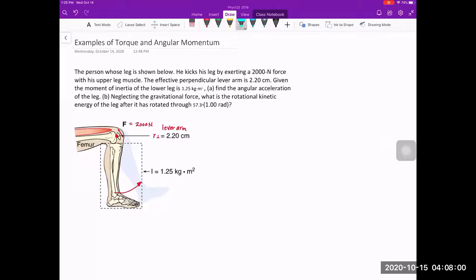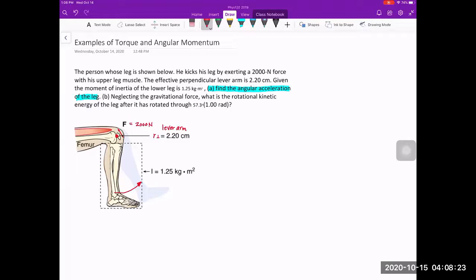So the first question asks about angular acceleration. Then you have to ask yourself, what is the angular acceleration due to the force over here? As a matter of fact, the angular acceleration is related to torque, not to the force.